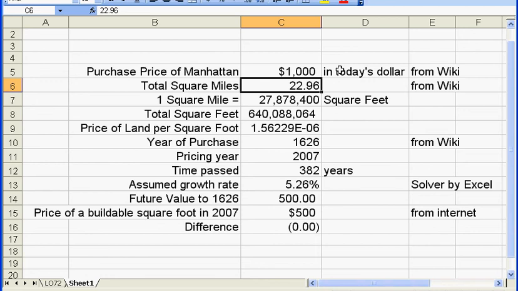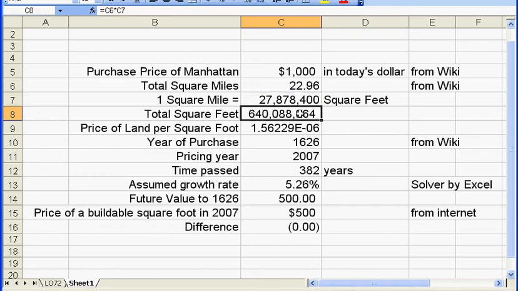And let's look at the land price. With this $1,000, the settlers purchased about 23 square miles from the local Indians. 1 square mile is about 28 million square feet.